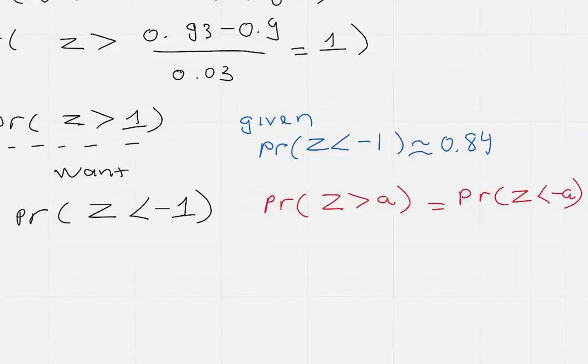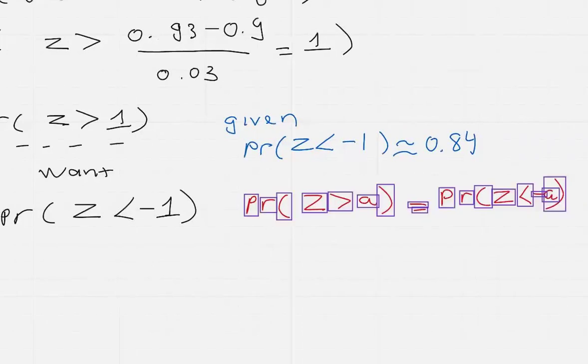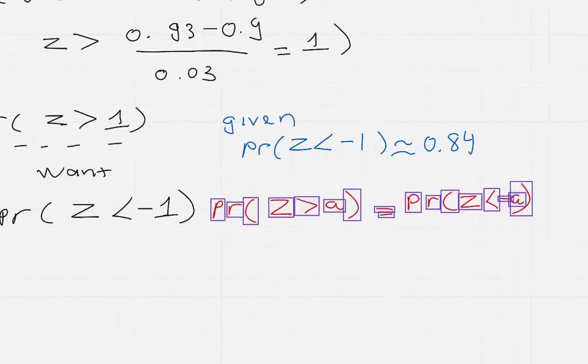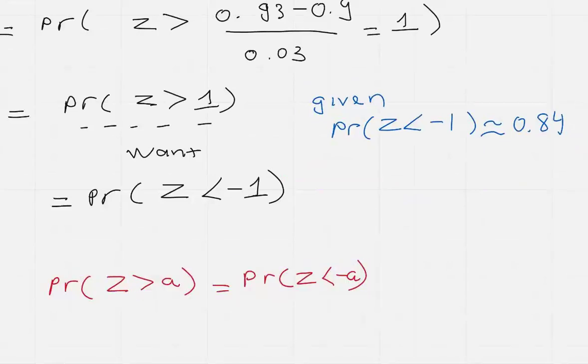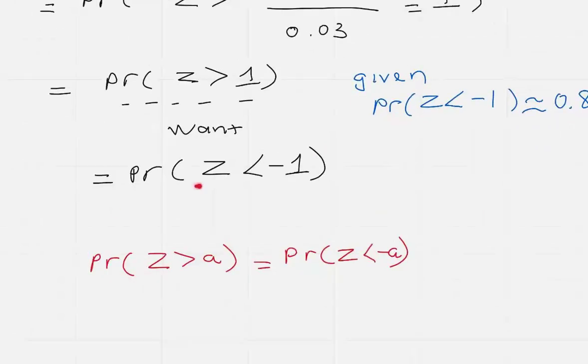So when we apply it in this situation, let me move it closer so that we can see. The probability that we want is that Z is more than 1.